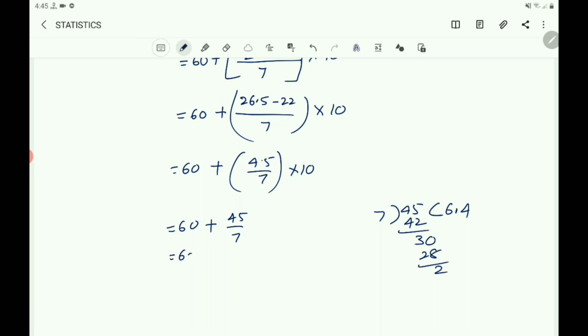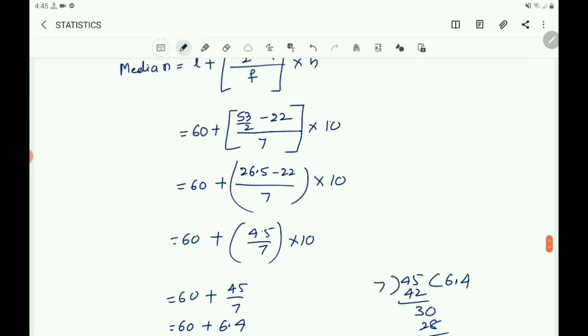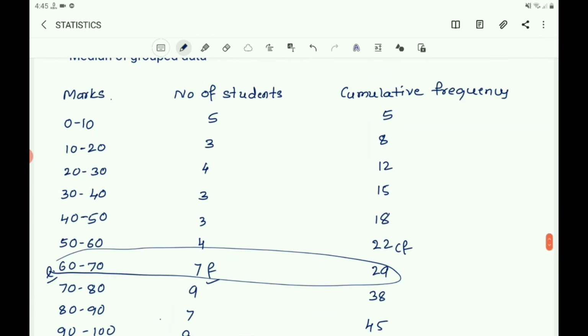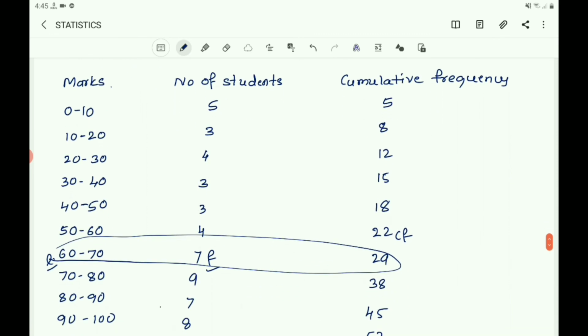Then you write 60 plus 6.4, therefore median equals 60 plus 6.4 is 66.4. The median of this frequency distribution is 66.4. Here we have to use the formula median equals L plus n by 2 minus Cf by F into H.